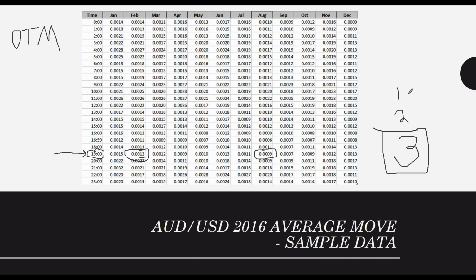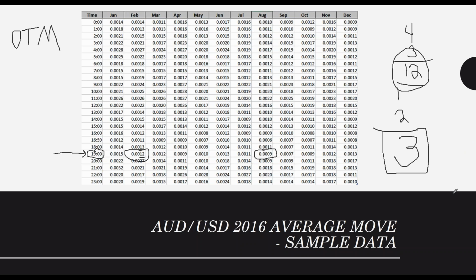Each strike is equal to 4 pips. 4 times 3 is 12. So I need an average movement of at least 12 pips. Does everybody understand that now?